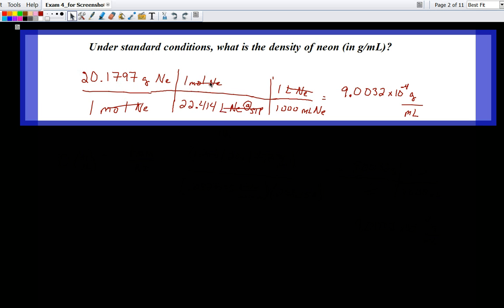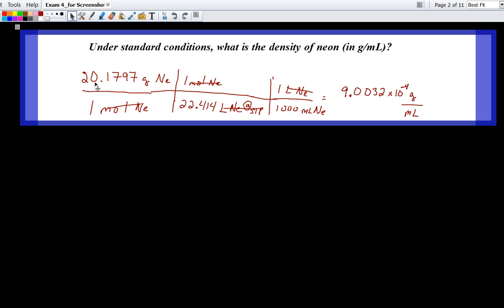So you put the 1 mole up top, and let that cancel out with this mole down here, and you'd end up with grams over liters. And then convert liters into milliliters. So 1 liter of neon would be 1,000 milliliters of neon. So the density in grams per milliliter would be 9.0032 times 10 to the minus 4 grams per milliliter.